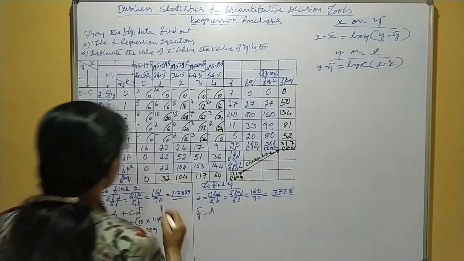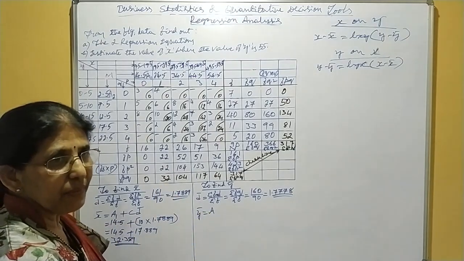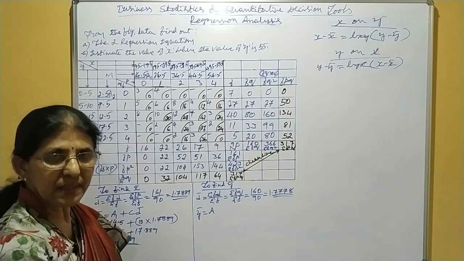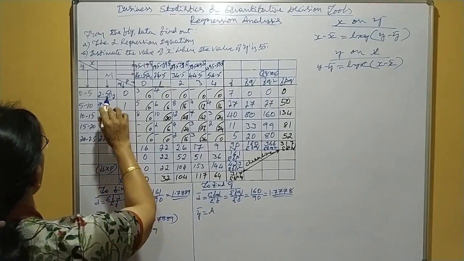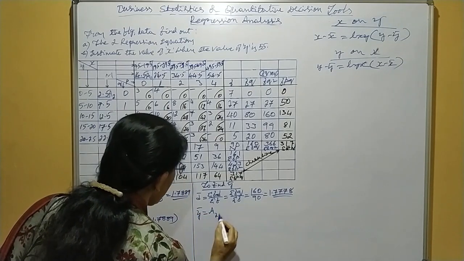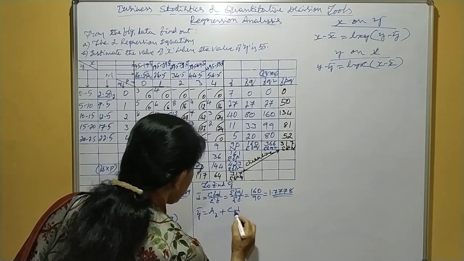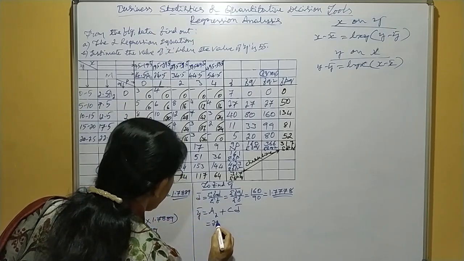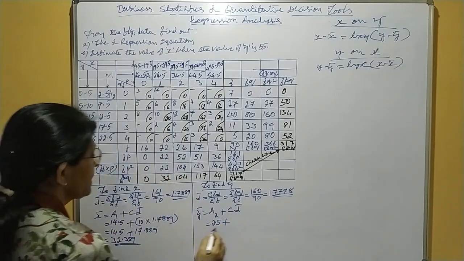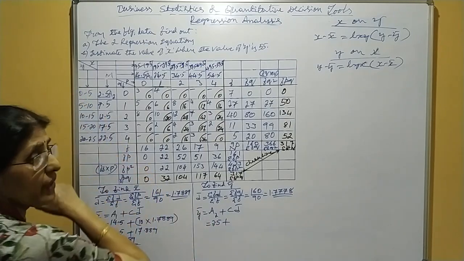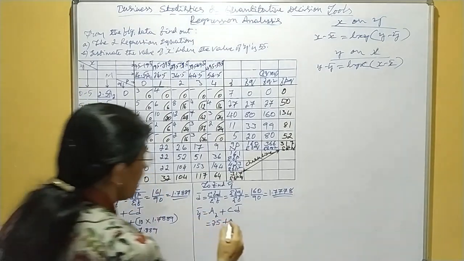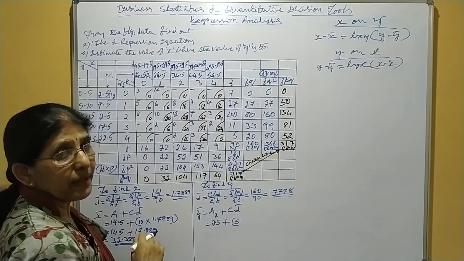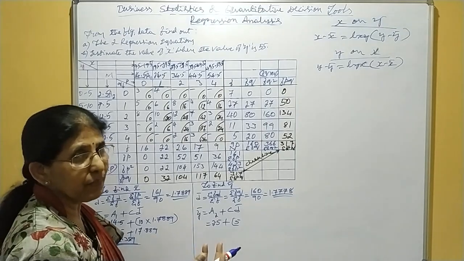Next take y bar. Y bar equals the arithmetic mean under the step deviation method, a plus c d bar. Here in case of y bar the assumed mean is denoted by a2, plus c d bar. Here a2 is how much? 2.5 plus c. Here in case of variable y the common class interval is how much? 5. Both the variables need not have the same class interval.